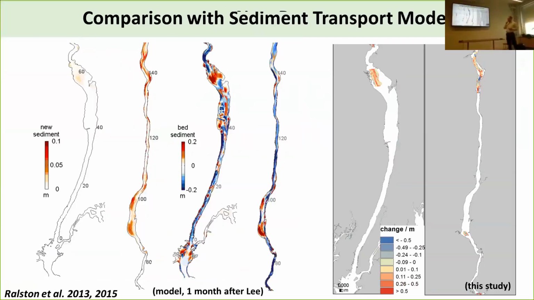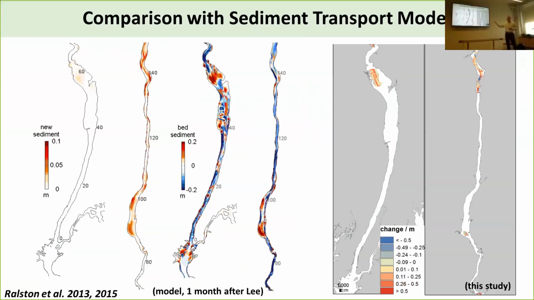Another thing we also did, parallel to our observational study, is that the Hudson River Foundation also funded a model study, the work done by Dave Ralston and Rocky Geyer at Woods Hole. They created a hydrodynamic sediment transport model for the Hudson River and put in the rain and suspended sediment load from Irene, and they modeled where it would go, just using the physics.